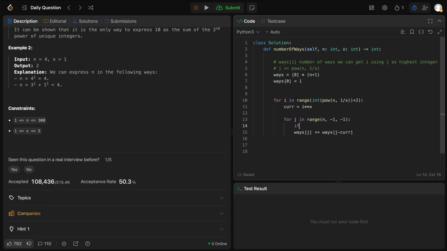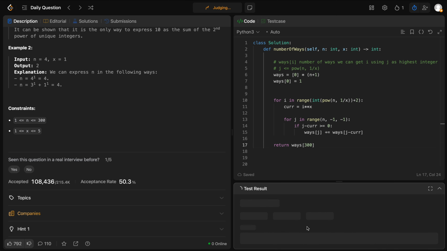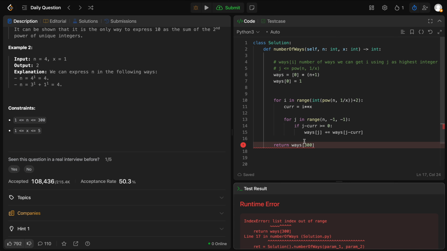So this, but I can only do it if j minus current is greater or equal to 0, only in this case. And here I return ways of 300, I guess. Oh, what am I doing? Ways of n.